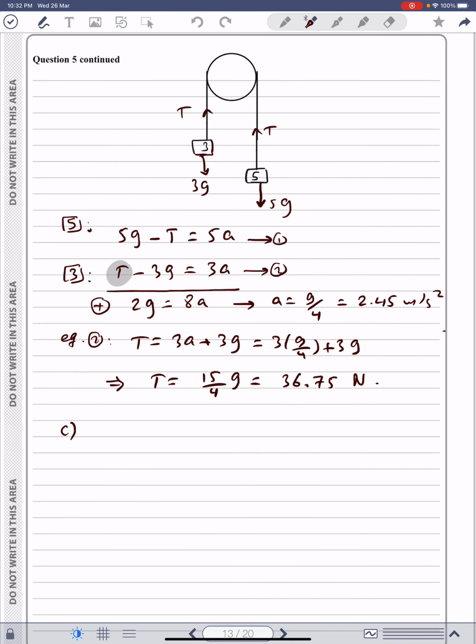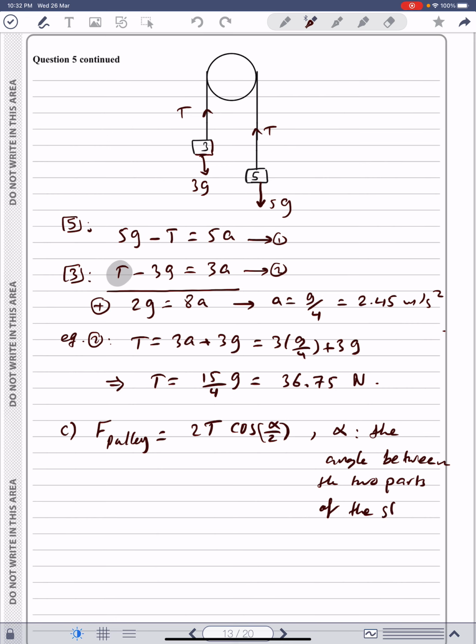Part C, force exerted on the pulley is always 2T cosine of angle alpha over 2, where alpha is the angle, it's a nice formula guys, between the two parts of the string, which is on the pulley, which in this question is 0.